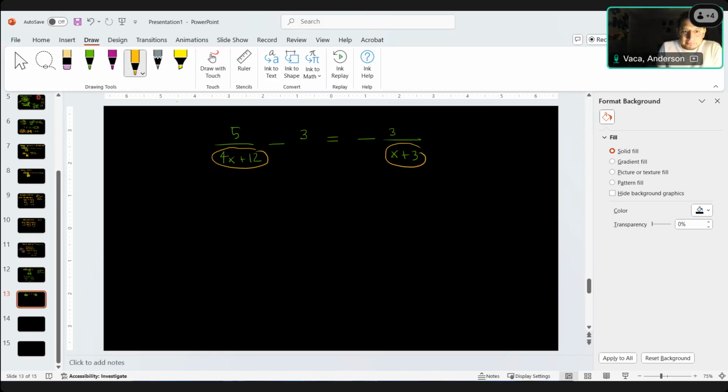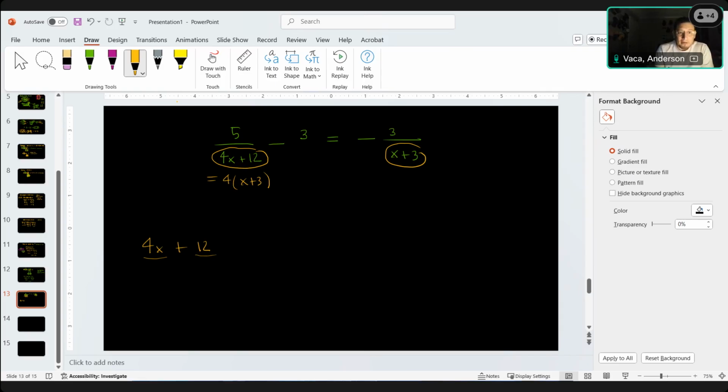This denominator has very similar things as this one because it is 4x plus 3. If we pay close attention to this term and that term, what I recognize about these two terms is that they are both divisible by 4.